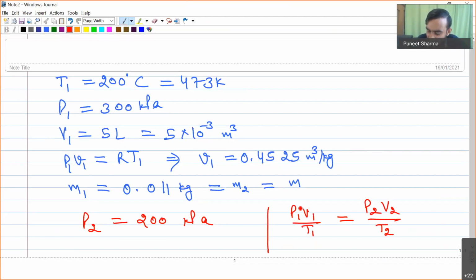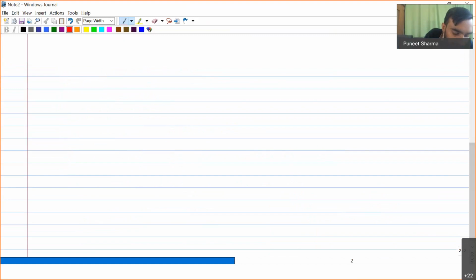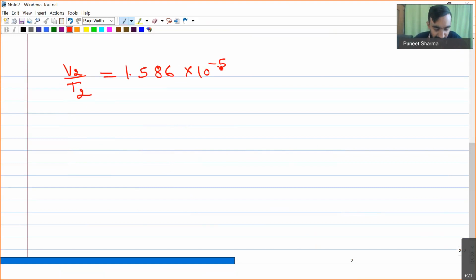Now I know P1, I know V1, I know T1, and I know the value of P2. So from here, I can calculate the value of V2 divided by T2, which takes the form 1.586 into 10 to power minus 5. This is the value of V2 by T2.